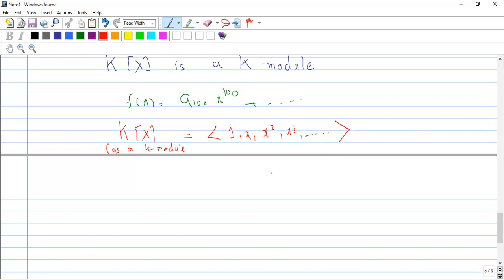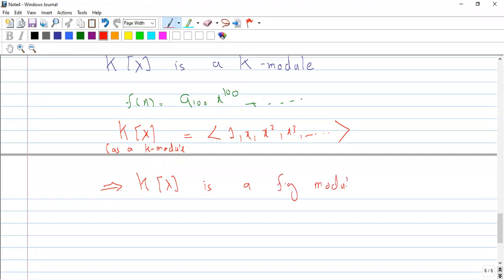अनकाउंटेबल नहीं है. कुछ ऐसी वेक्टर स्पेसेस भी होते हैं जिनका बेसिस सेट अनकाउंटेबल होता है, बट हियर द बेसिस सेट इज काउंटेबल बट नॉट फाइनाइट. So it implies that actually k[x] is not a finitely generated module.